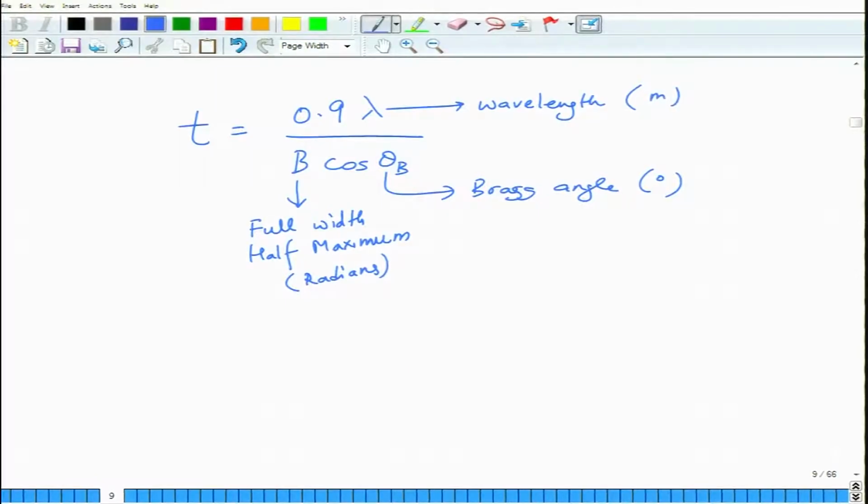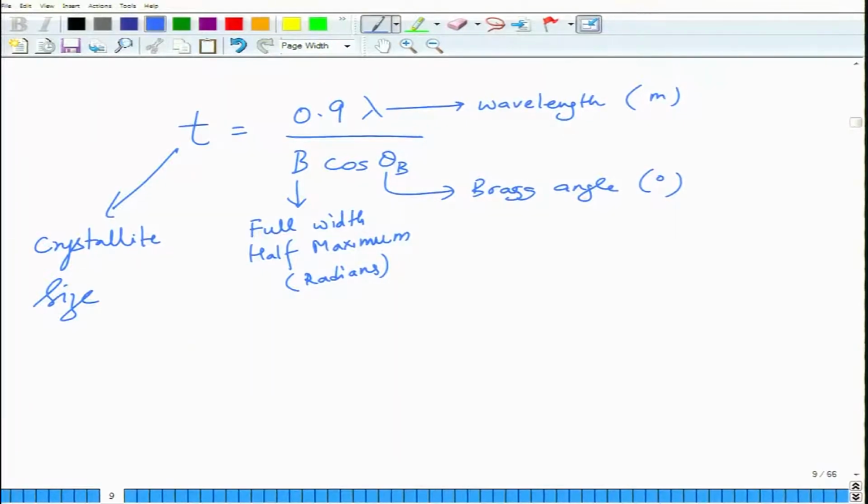So this will give you the T, which is called as crystallite size. So your higher broadening will mean smaller crystallite size. So your fine grained material will give you higher broadening, and your coarse grained material will give you smaller broadening.